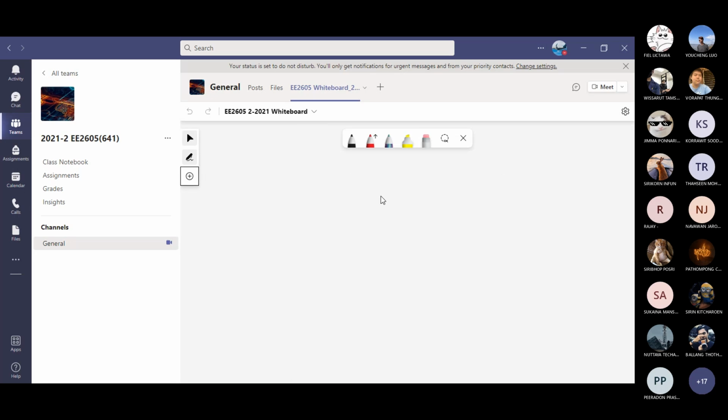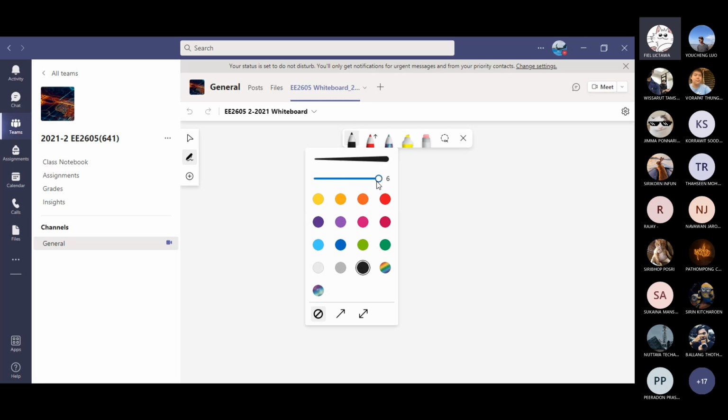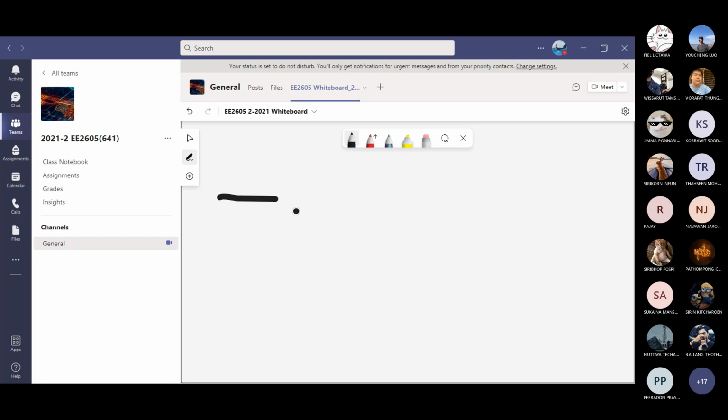Can you view the whiteboard? Yes, sir, we can see it. Yes, yes. Okay, inputs. What are the inputs? Cosine x. So, oh, that's quite thick.